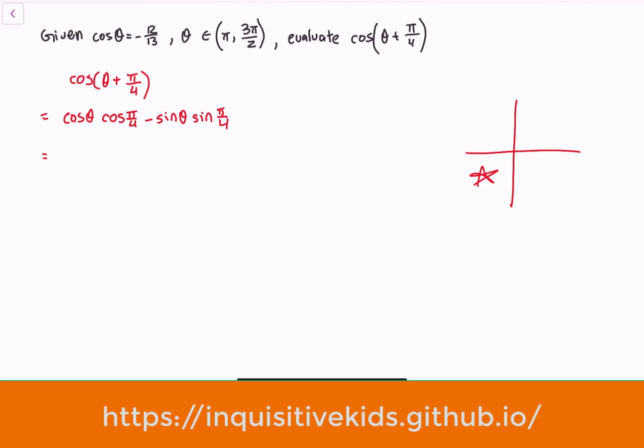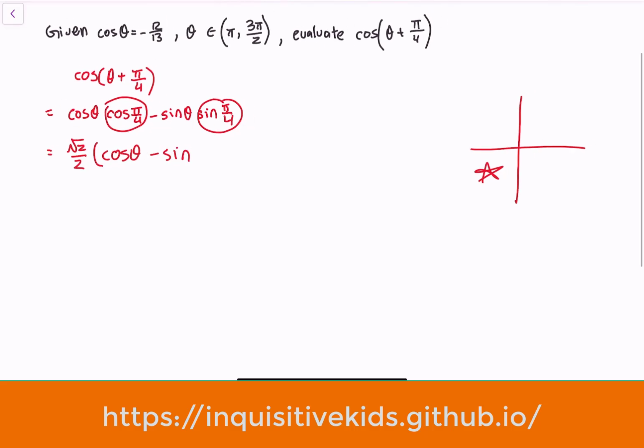And we know that cosine of pi over 4 and sine of pi over 4 are both equal to square root of 2 over 2. So we can factor that out. We have square root of 2 over 2 times the difference of cosine theta and sine theta.